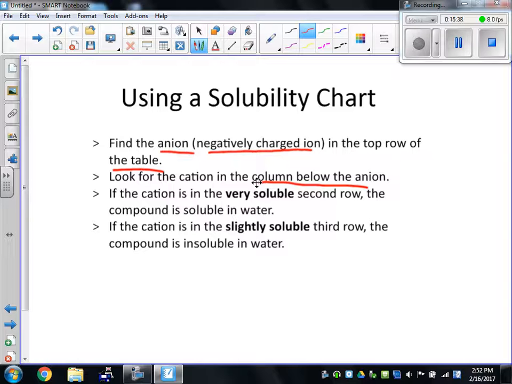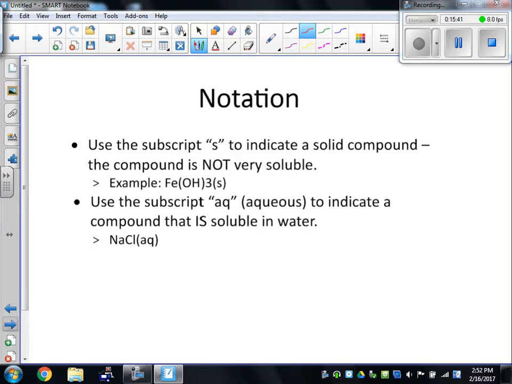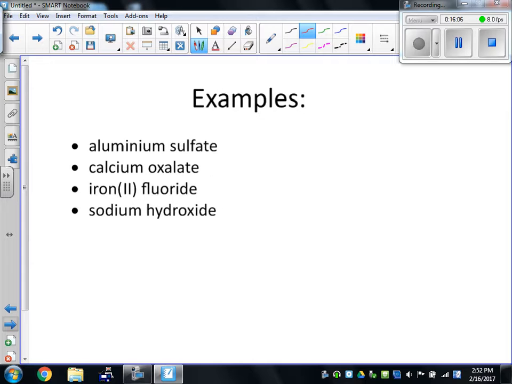By the way, if it's the bottom row, we would put an S behind it to represent solid, precipitate. If it's this row right here, we put an AQ behind it to represent that it's very soluble, aqueous.